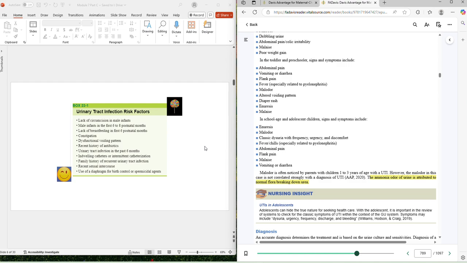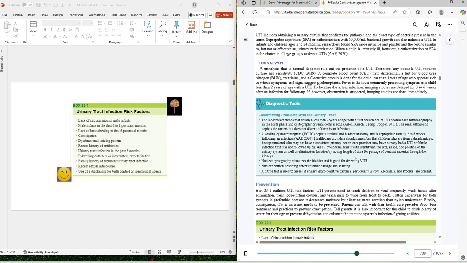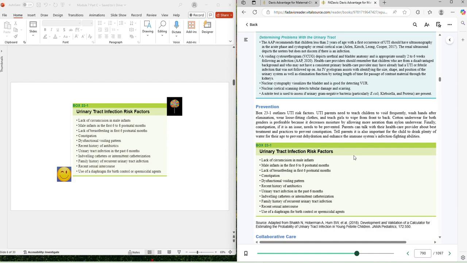All right, on page 790, there's this risk factor box here. Another wink and lollipop, of course, we just talked about this, but teaching little girls to wipe front to back, to wear cotton underwear, not silky nylon underwear, because cotton is breathable, right?